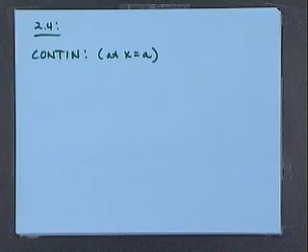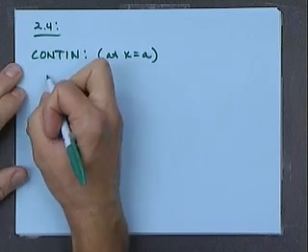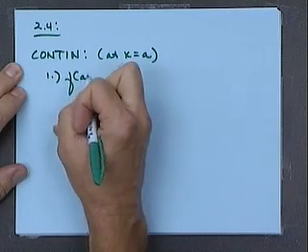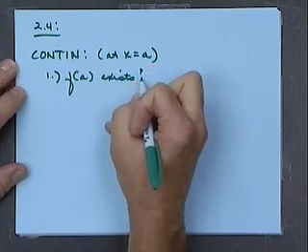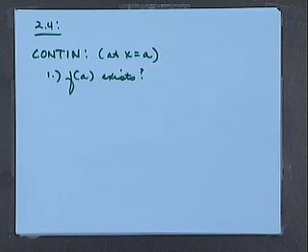Pardon? Does it exist at a? Okay, does the function exist at a? So f of a exists. The question you're asking yourself is, is there a point plotted there? If there's not a point plotted there, it's not continuous at that point.